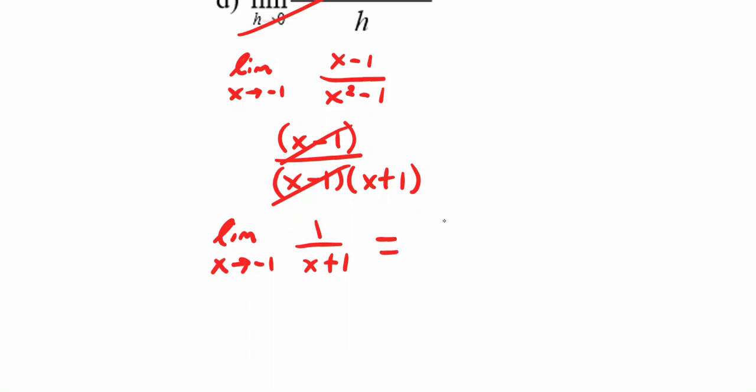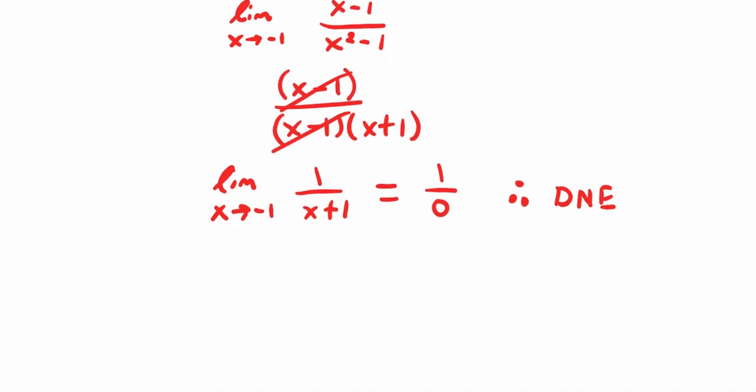If I throw a -1 in for x, that's 1 over 0, right? So now this isn't an indeterminate form anymore. It's not that we don't know what the answer is. We actually do know now. The answer to this is undefined. So you'd say undefined or does not exist, DNE, especially in my open math. If that was the answer, that's what you'd put in.